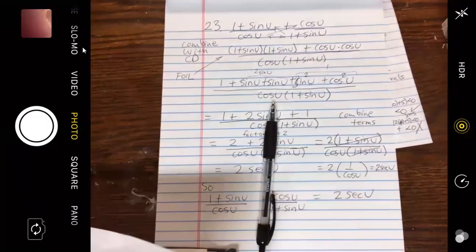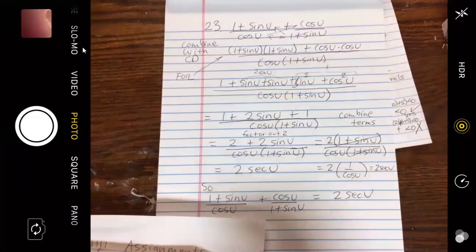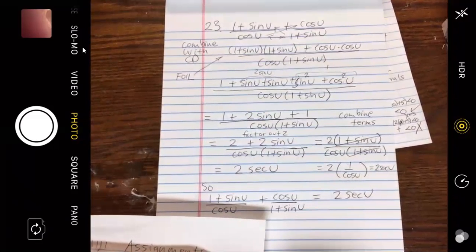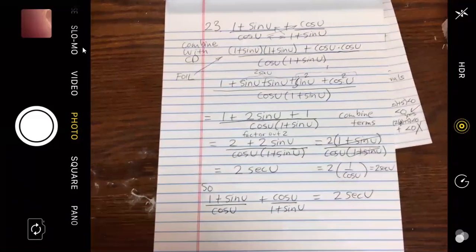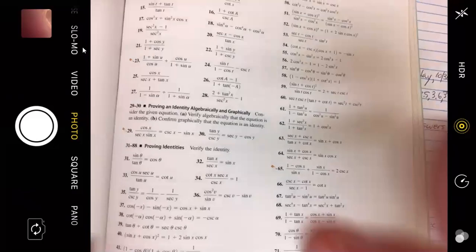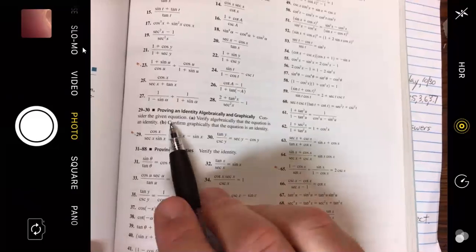All right. Well, the whole schmo, so to speak, is the entire problem. Proving an identity. So verify, I don't know why they're calling them equations.